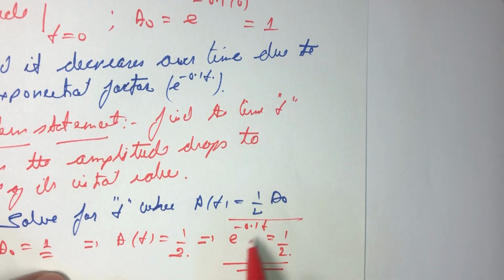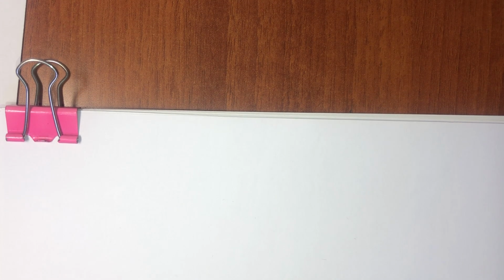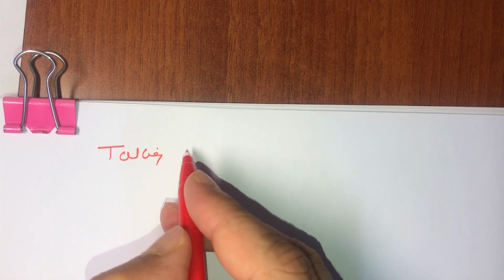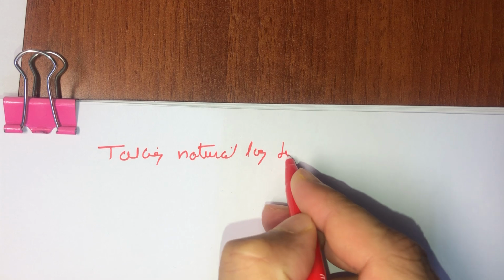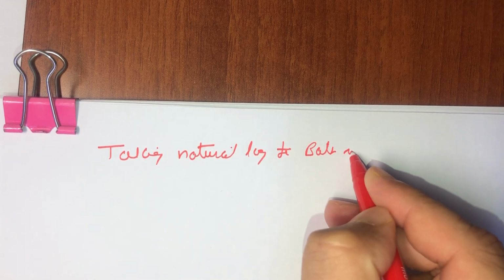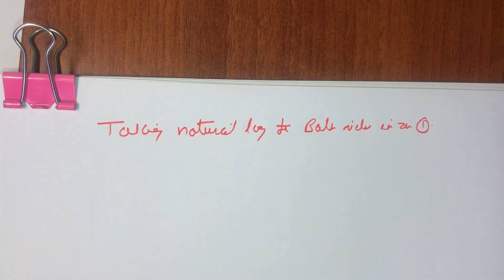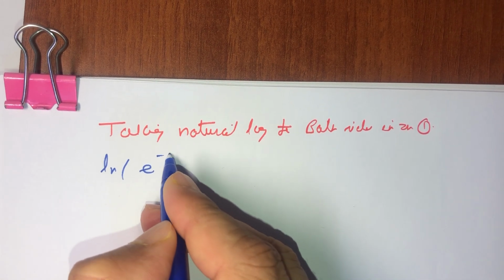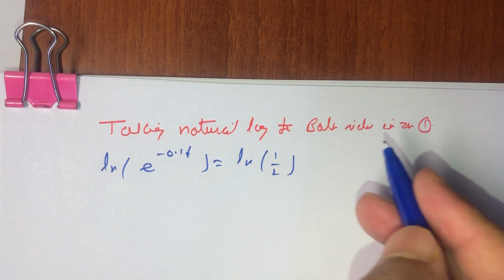Let us call this equation number 1. We are going to take natural log to both sides in equation 1. So we can write ln e raised to the power minus 0.1 t is equal to ln 1 by 2.